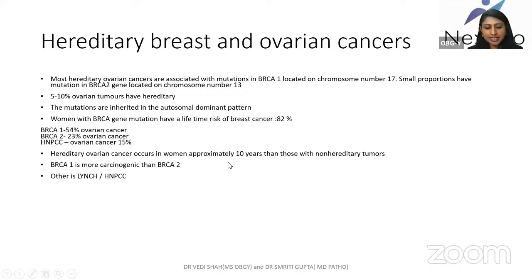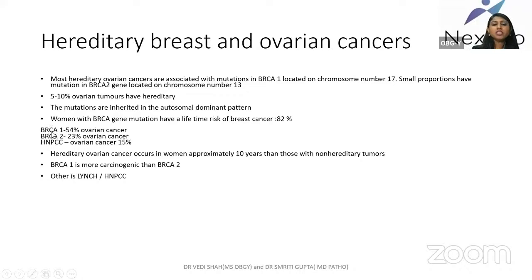Now, comparing BRCA1 and BRCA2, both of these have an autosomal dominant pattern of inheritance, and BRCA2 gene mutation carriers have a lifetime risk of breast cancer as high as 82%.